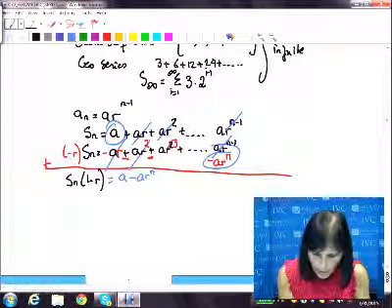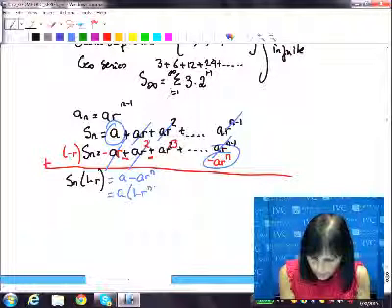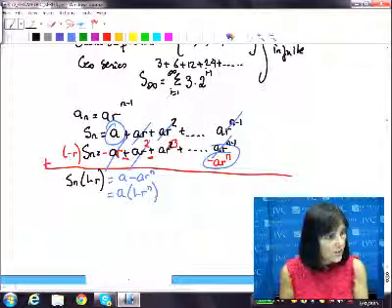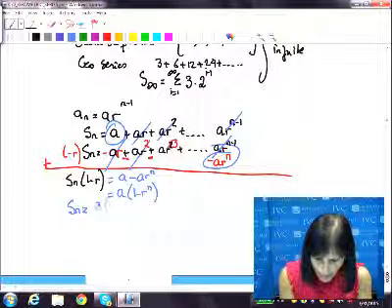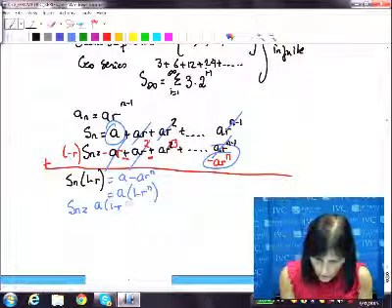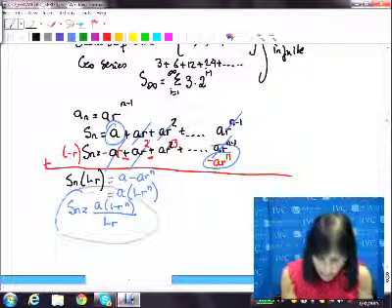And then factor that out. Let's write this nice and neat. S_n is going to be a times (1 minus r to the n) divided by 1 minus r.